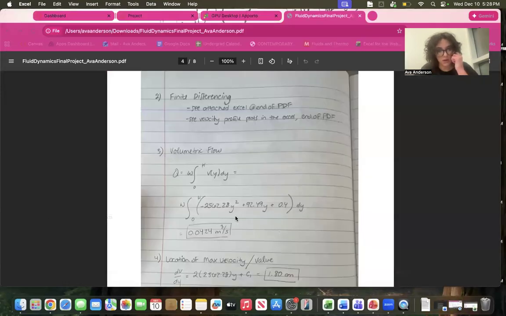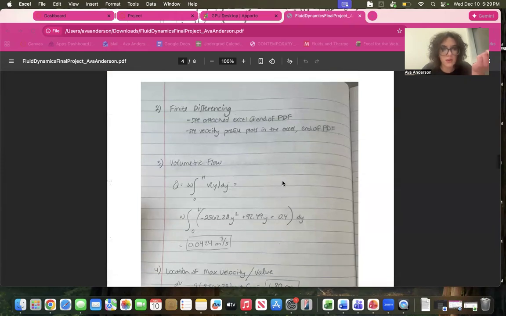And volumetric flow. Actually, before I move on to that, the difference between analytical solutions and finite differencing is that with analytical solutions, you have one general equation that you can use to solve anywhere in the profile that you're looking at. The downside to that is you need to have a relatively simple profile. If it gets too complicated, then it doesn't work anymore.